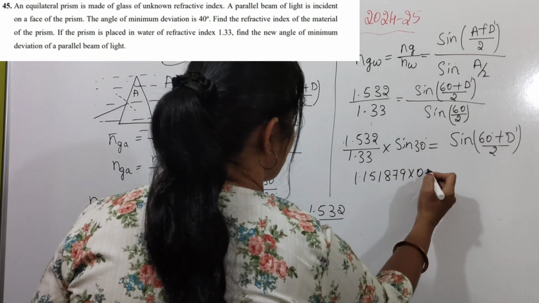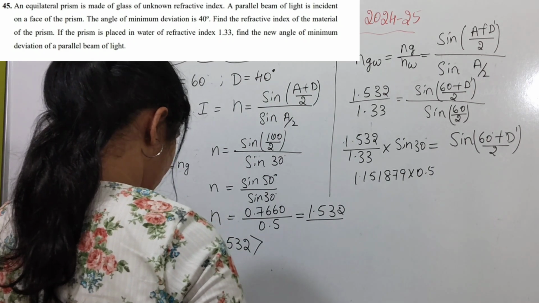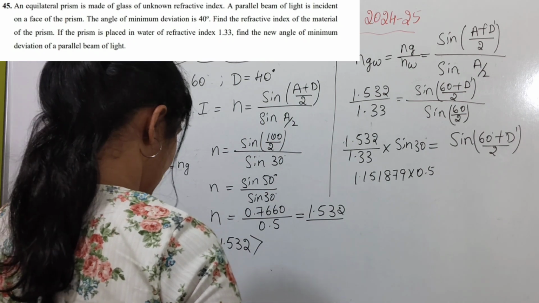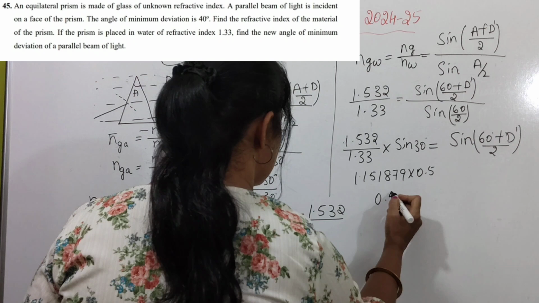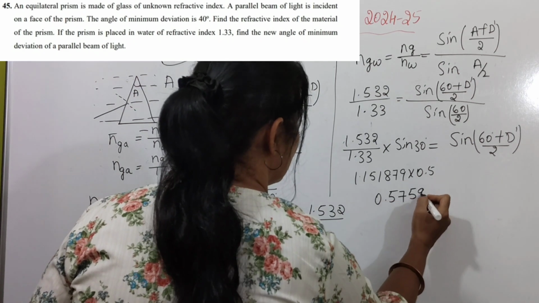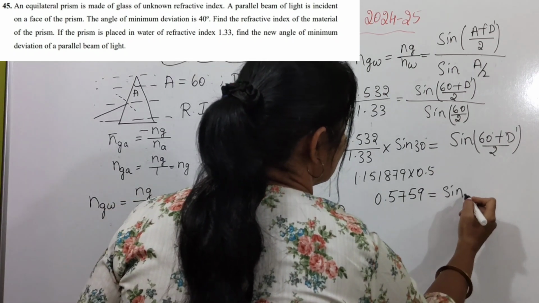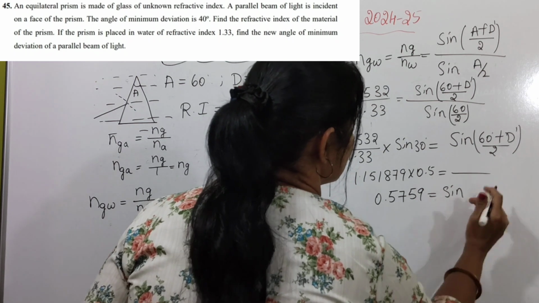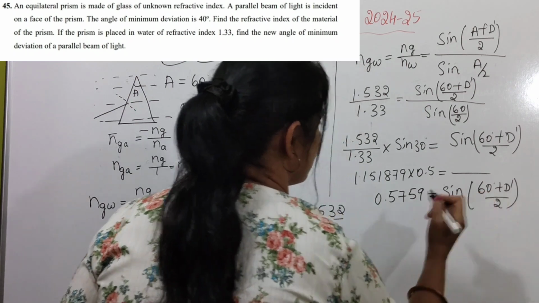Into sine 30, which is 0.5. So 1.151879 into 0.5 is 0.5759. Let us write only a 4-digit number. Sine of 60 degree plus d dash by 2.